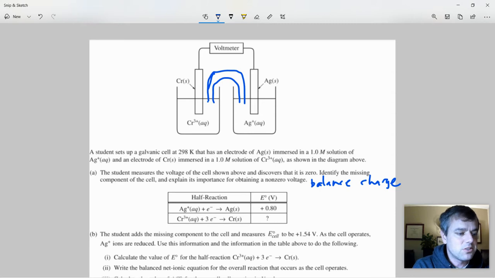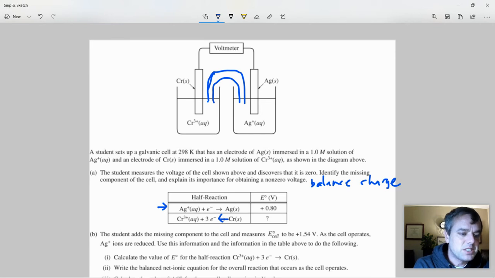It says the student adds the missing component to the cell and measures the cell potential to be positive 1.54 volts. As the cell operates, silver ions are reduced. Okay. So if silver ions are reduced, that means that this reaction runs as written. That's a reduction half reaction. And this reaction has to run in reverse.